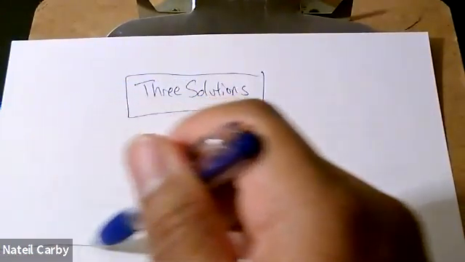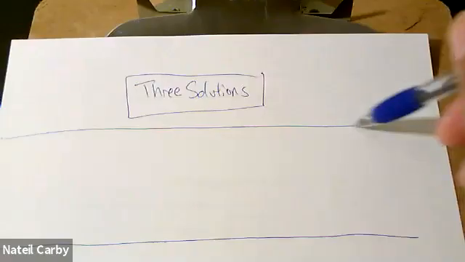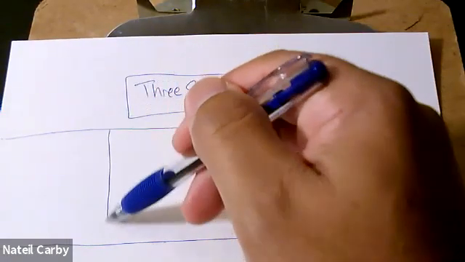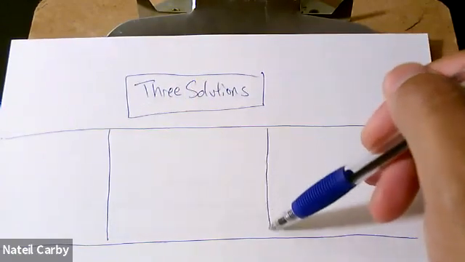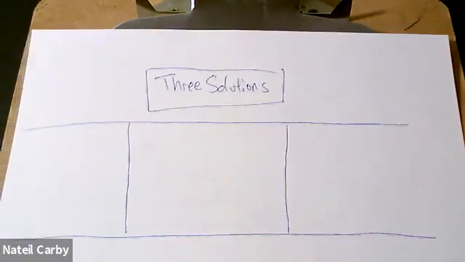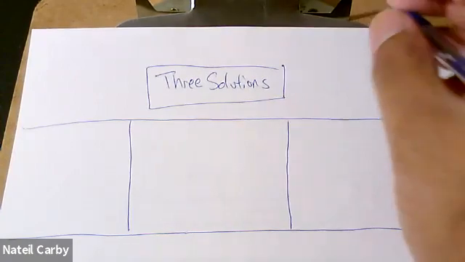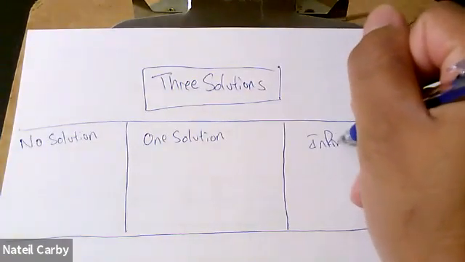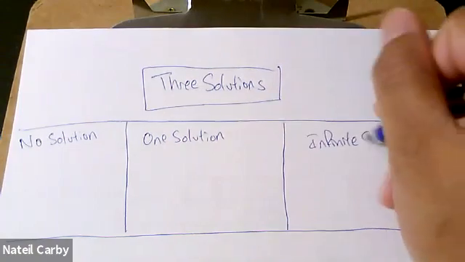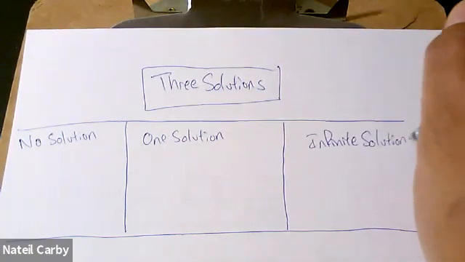But we have 3 types of solutions to systems. You have no solution, one solution, or infinite solutions.